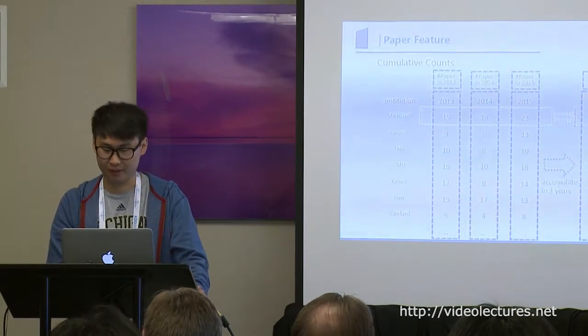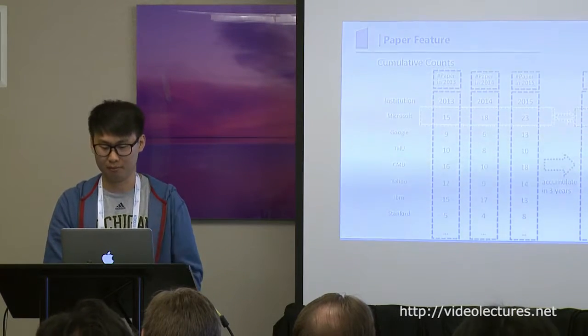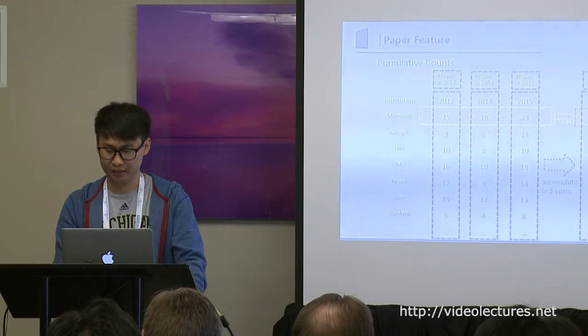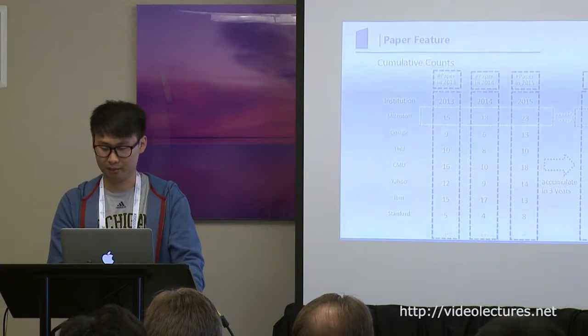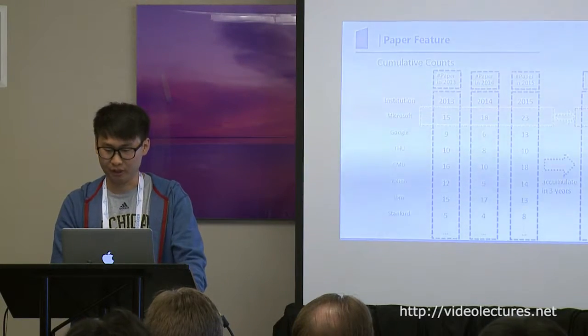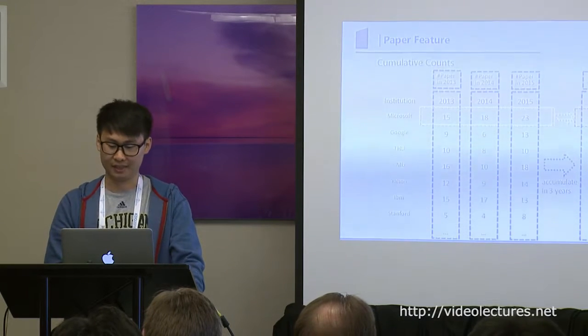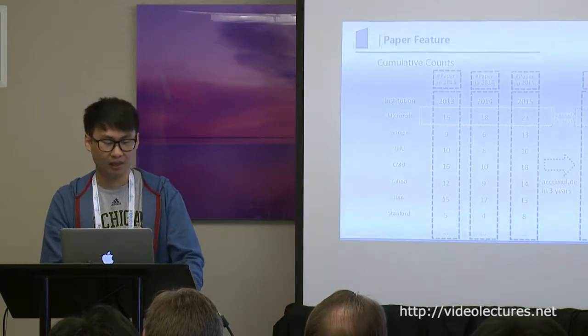The first is the cumulative counts. This feature tries to describe the cumulative publication history of an institution. They translate the counts of the papers for each year to cumulative counts for the last 3 years, the last 2 years, and the last 1 year.